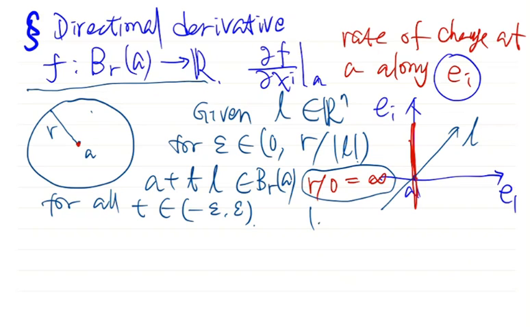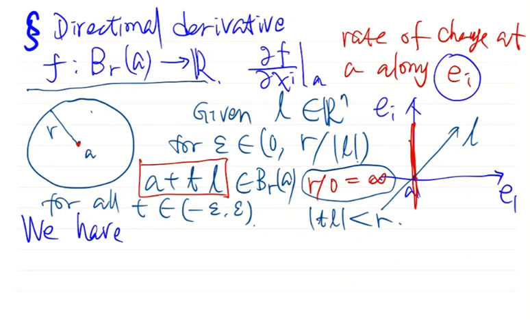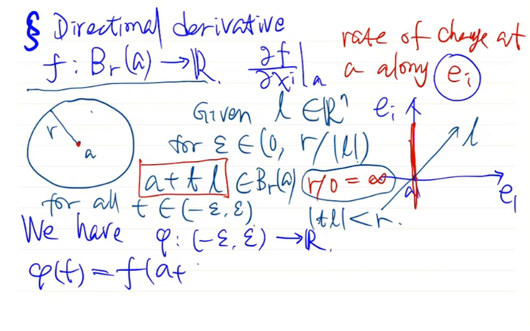Because by the definition of ε, the norm of tL is less than R. Therefore, A plus tL belongs to the R neighborhood of A. So because this point is contained in the domain of definition of our function f, we have a single variable function φ defined on (−ε, ε), given by φ(t) = f(A + tL). Okay, we have this function.